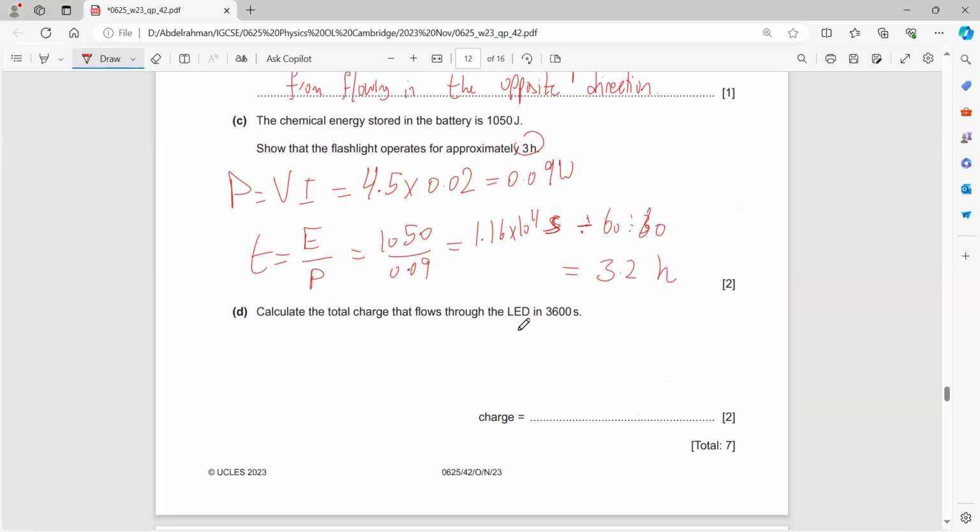Calculate the total charge that flows through the LED in 3,600 seconds. How can I find this? Energy over voltage? Or there's a much easier equation.